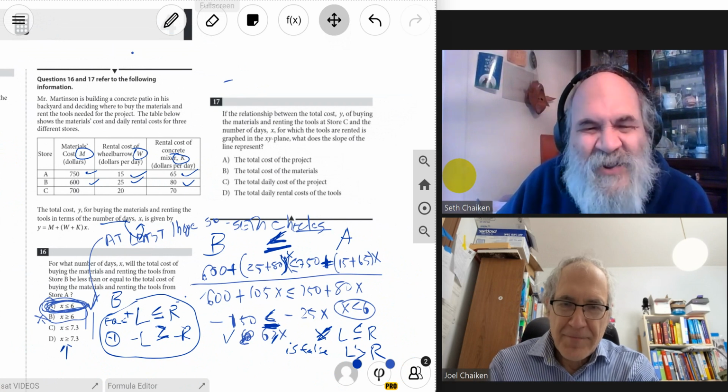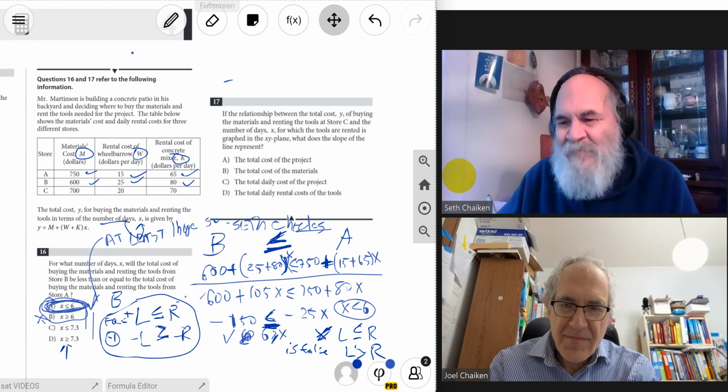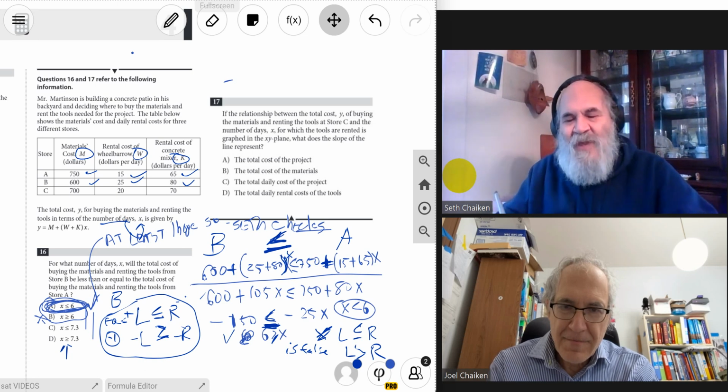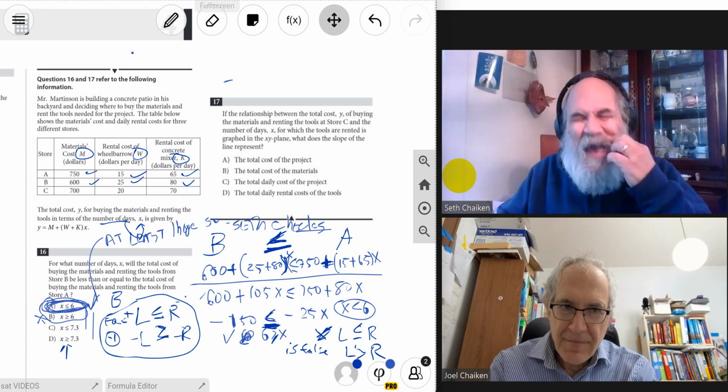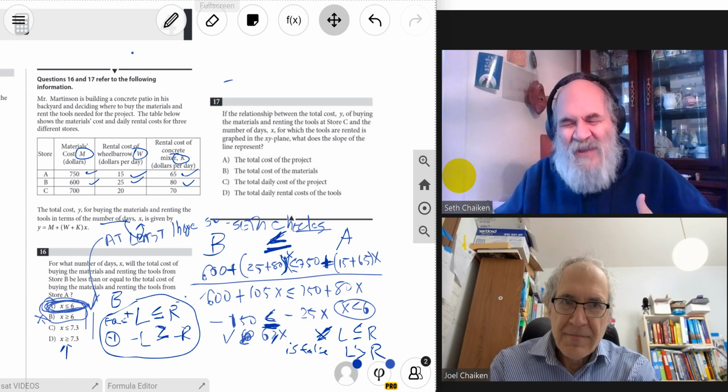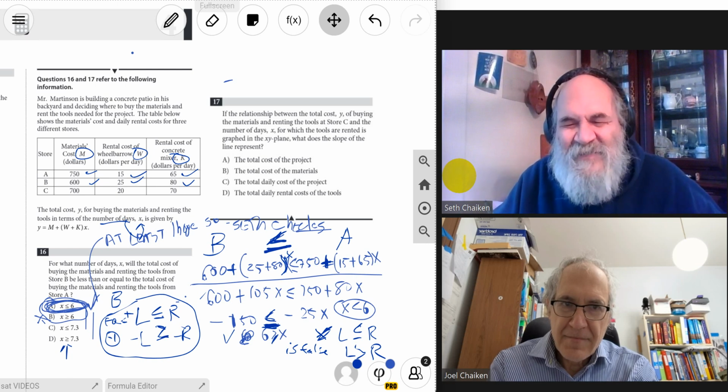That's a place where you could get your logic messed up. That's why it's important to be accurate in distinguishing between less than or equal and less than.